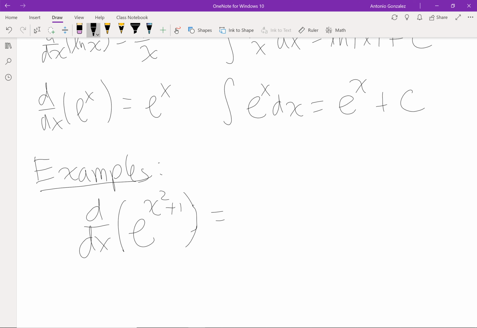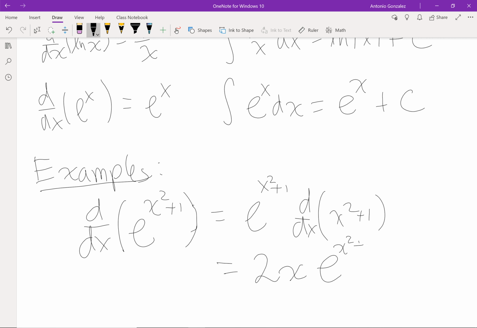So again, remember, chain rule says the derivative of any exponential is just going to be the exponential itself. So you just rewrite it, and then chain rule says take the derivative of the function that we have up here, right? x squared plus 1. And the derivative of that is 2x. So we get 2x e to the x squared plus 1.